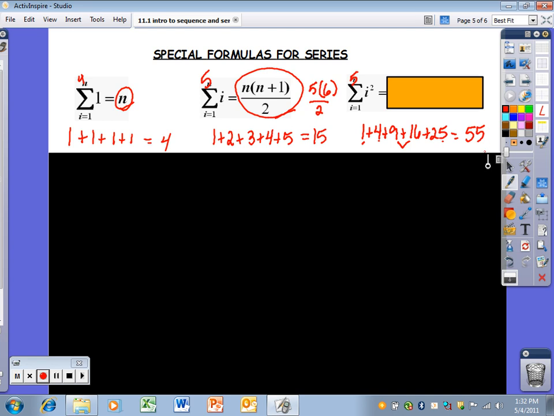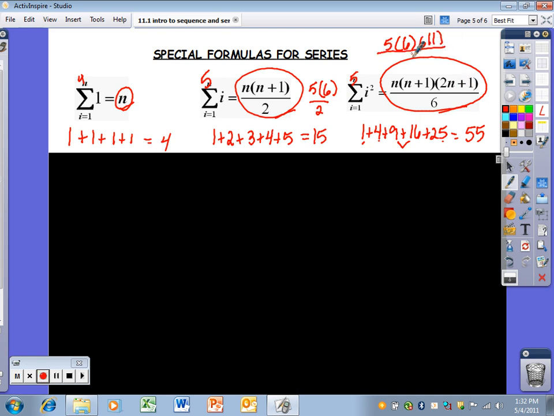Okay? Well, let's see what the formula says. It says take how many you had, 5, add 1 more to it, 6, 2 times how many I had, so 2 times 5 is 10, plus 1 is 11, and then divide by 6. So these would reduce, and I'd have 55. I still get there.